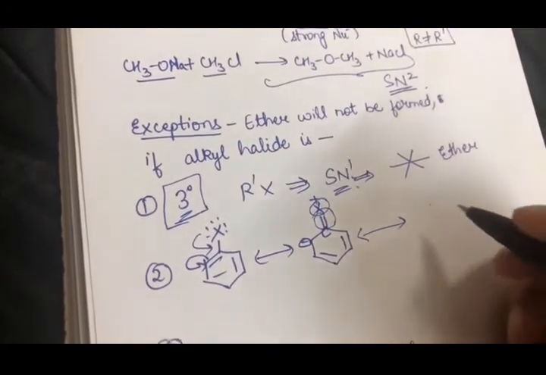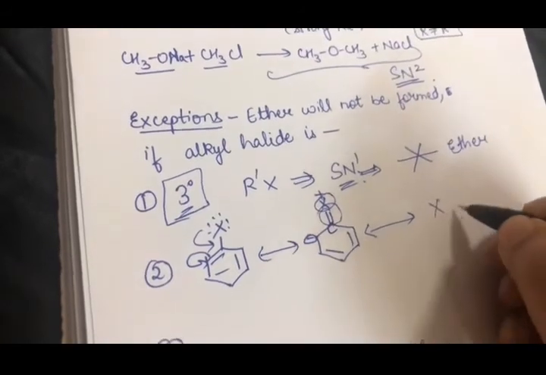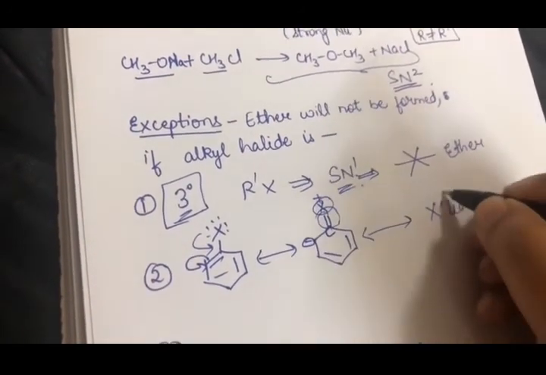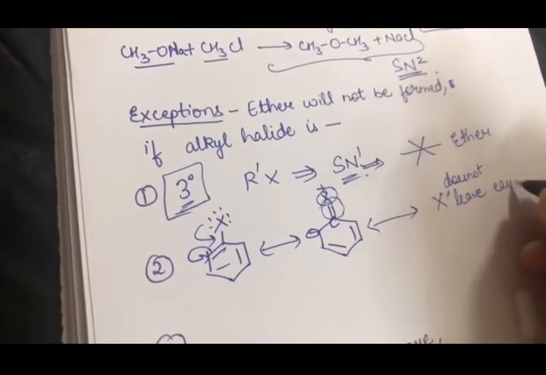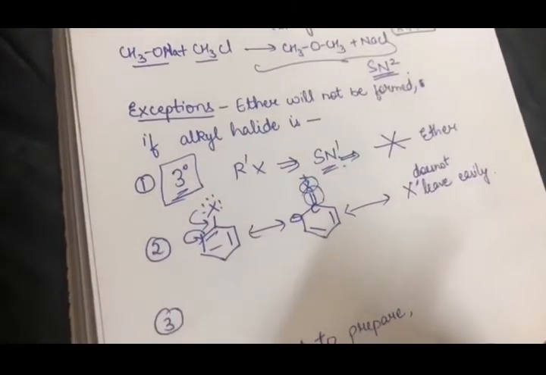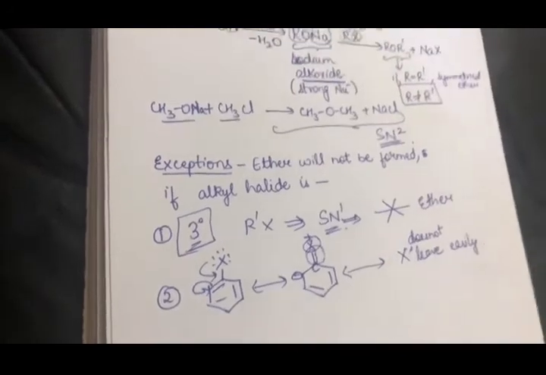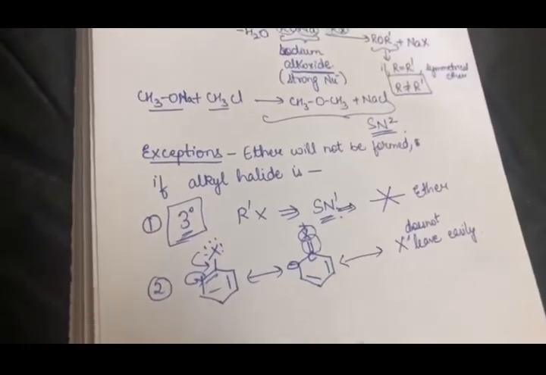Obviously, now when there is a partial double bond character between the carbon and the halogen, the halogen will not leave easily. Right? So if it does not leave easily, the above reaction is again not possible. So Williamson ether synthesis will not be possible even if you take an aryl halide. It has to be an alkyl halide only.